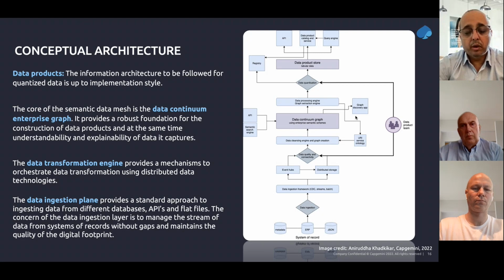But one thing that the data mesh doesn't really solve is the continuum problem. And that's where I see that combining these two approaches, looking at the data continuum along with the data mesh thinking, is going to help organizations have a really strong, robust data platform for multiple use cases in the future.